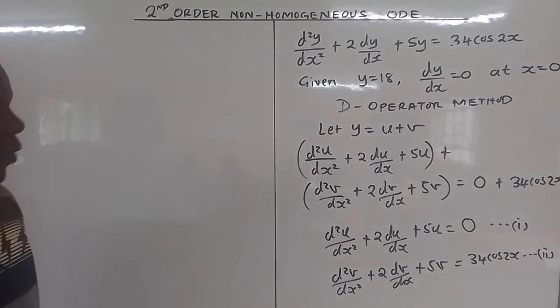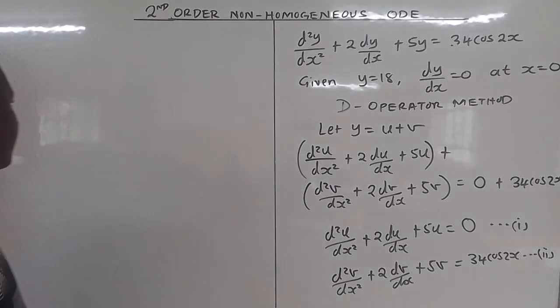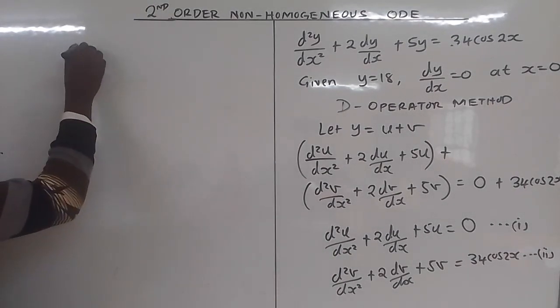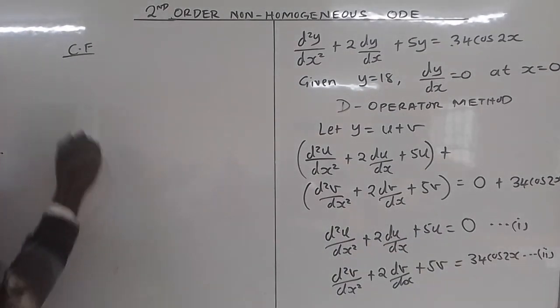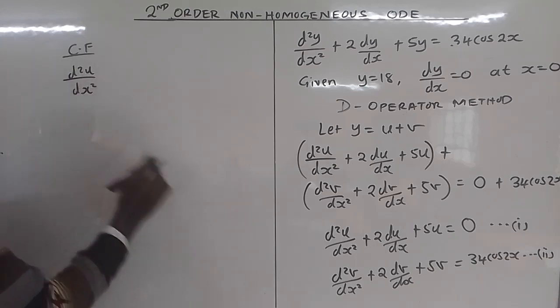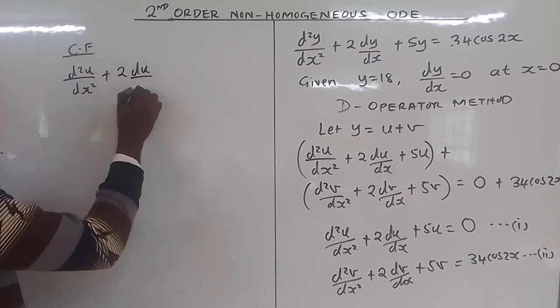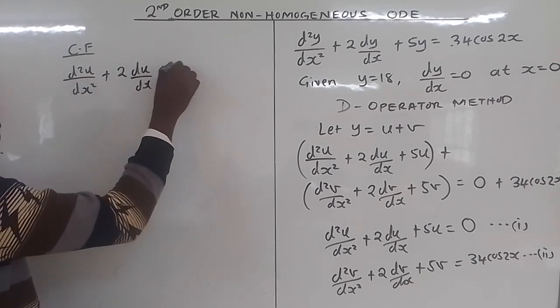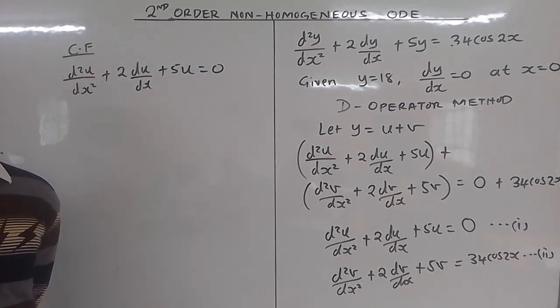We want to start by solving the first part, which gives us the complementary function. That is the part d squared u over dx squared plus 2 du over dx plus 5u equals 0.